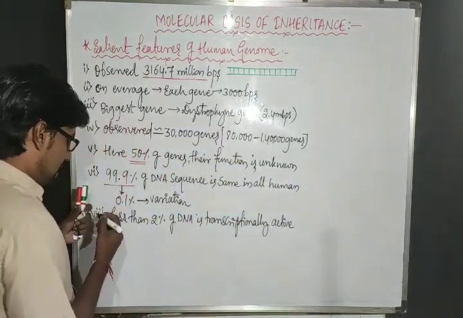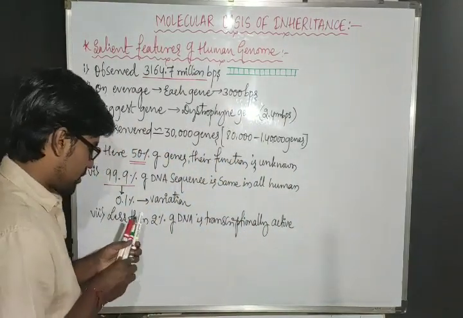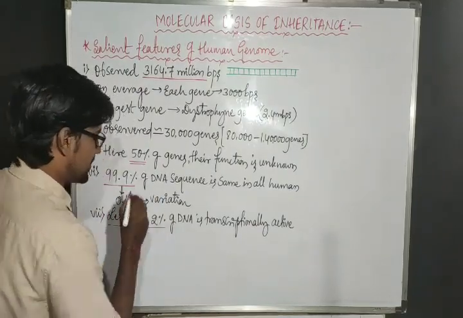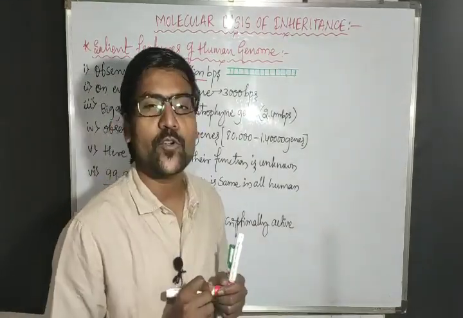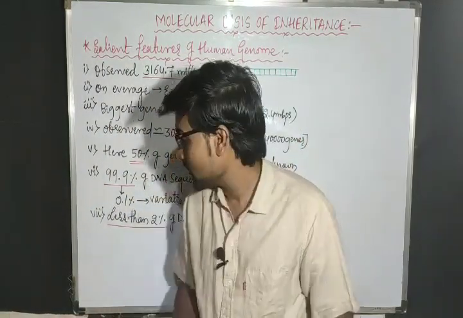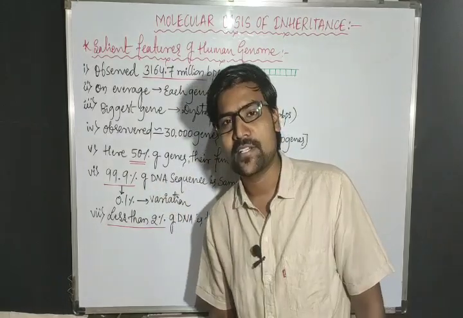How much? Less than 2%. See here, this is again quite interesting. Less than 2% of DNA is active. Active in the sense of transcriptionally active. How much? Less than 2%.